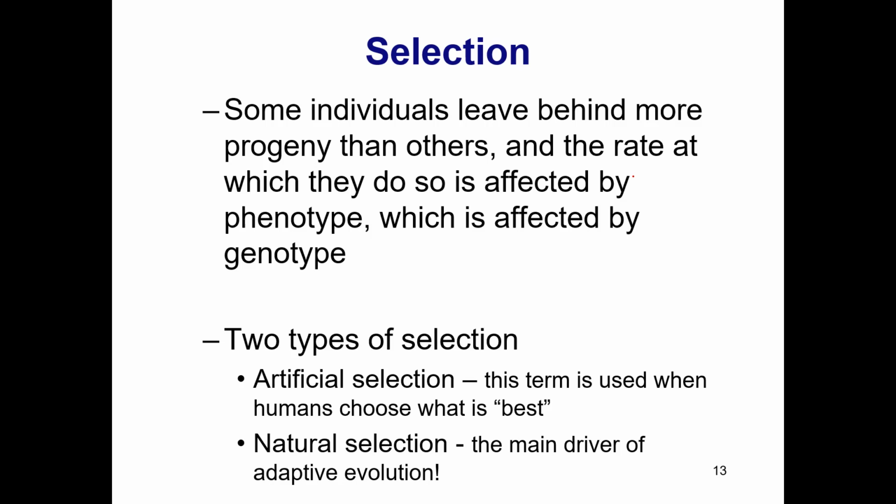Artificial selection is the term used when humans are the ones making the selection. If we say natural selection, we are saying that some other aspect of nature is making the selection. So in the rock pocket mice, the owls, the predator, are making the selection. So that would be natural.